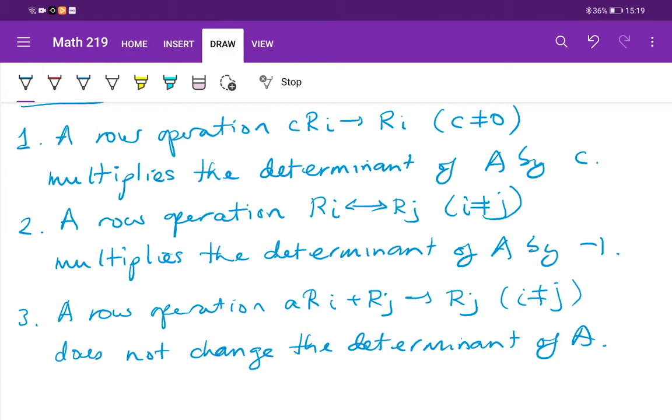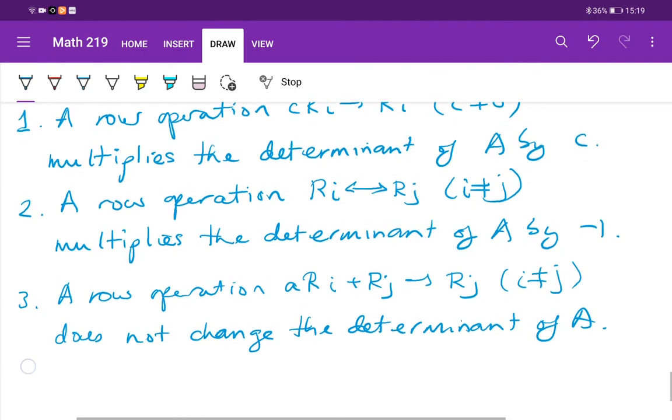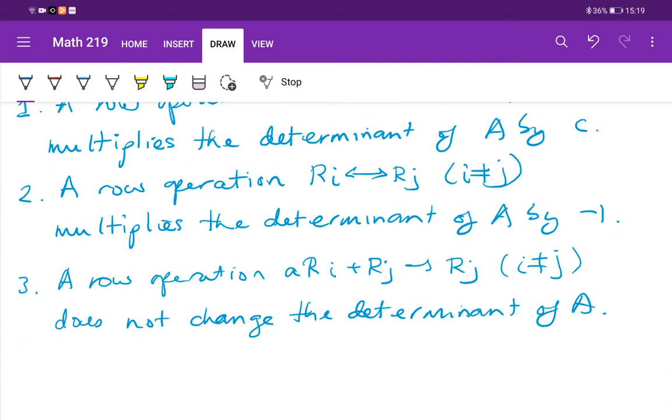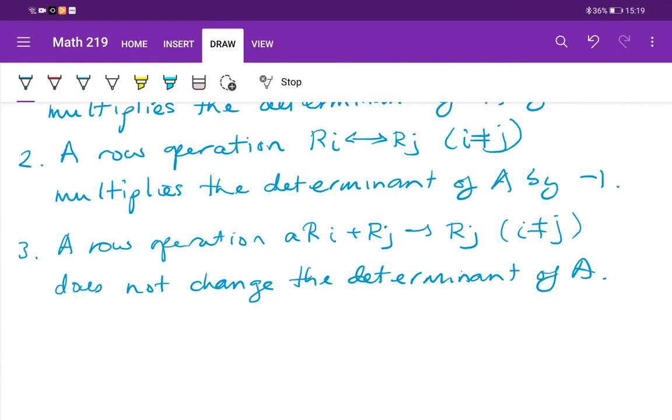You can see how the first two work, and you can prove the third as well in this way. But I won't go into the details of the proof. You can look in any linear algebra text that should have a proof of this statement. So I'll leave it at that.